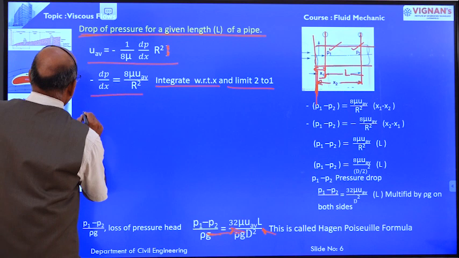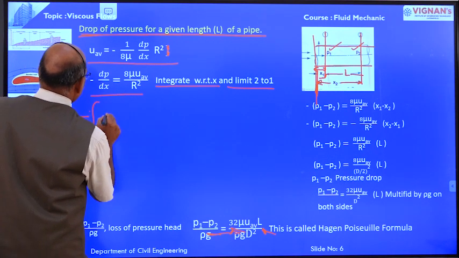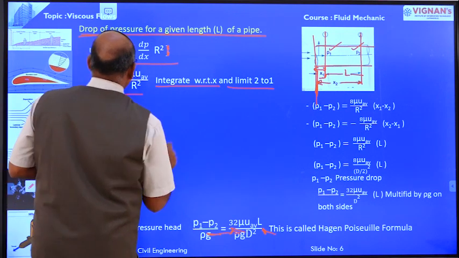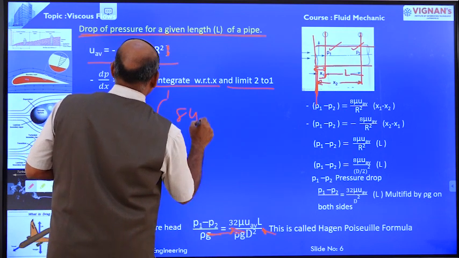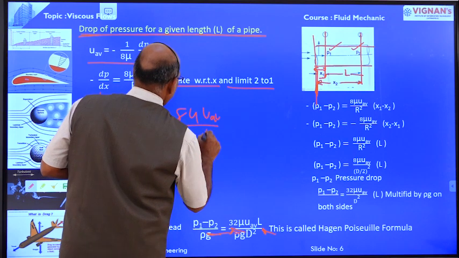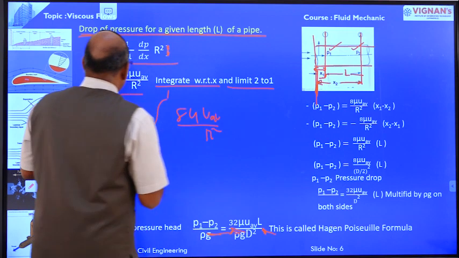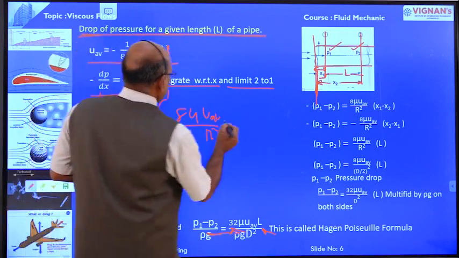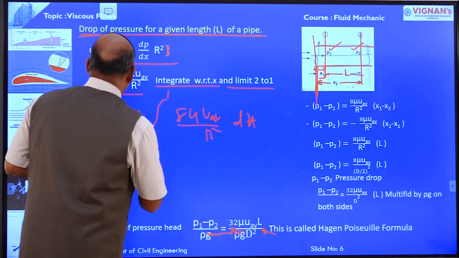This is the integral of minus dou p, limits 2 to 1, equal to the integral from 2 to 1 of 8 mu u average divided by r square, with respect to x dx, so that all are constants here.